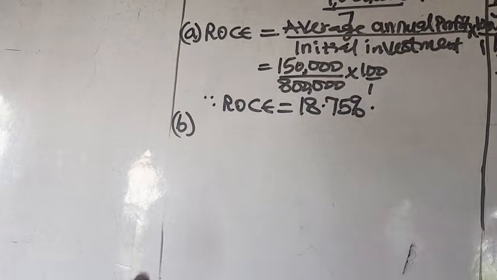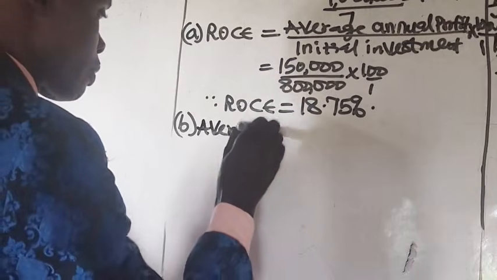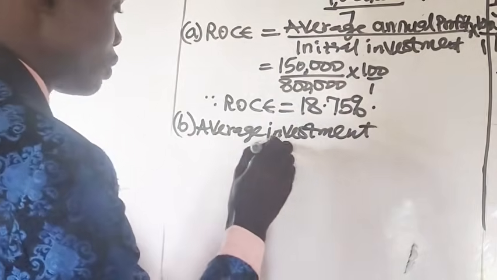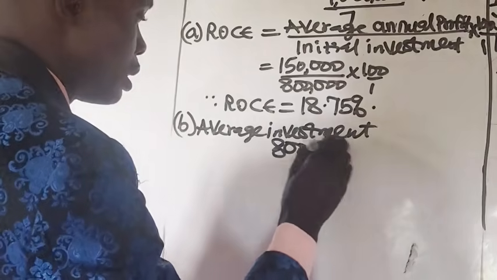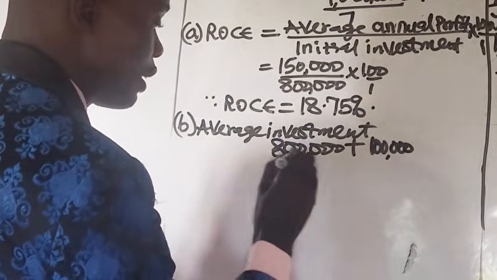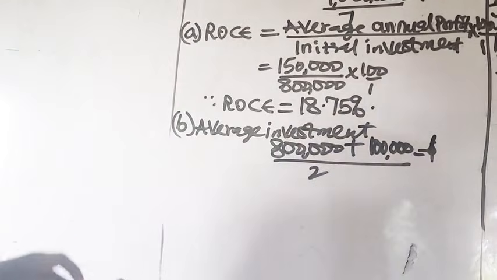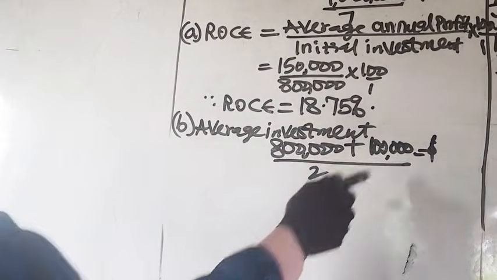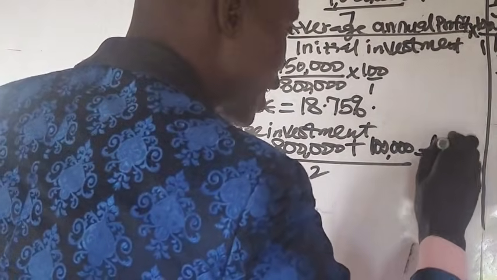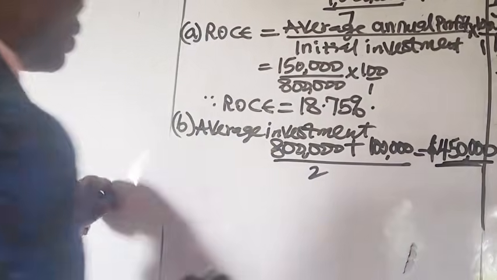Then we said average investment is equal to the initial investment, which is 800,000, plus the scrap, which is 100,000, divided by 2. So 800,000 plus 100,000 is 900,000, divided by 2, that will be 450,000. The average investment is 450,000.